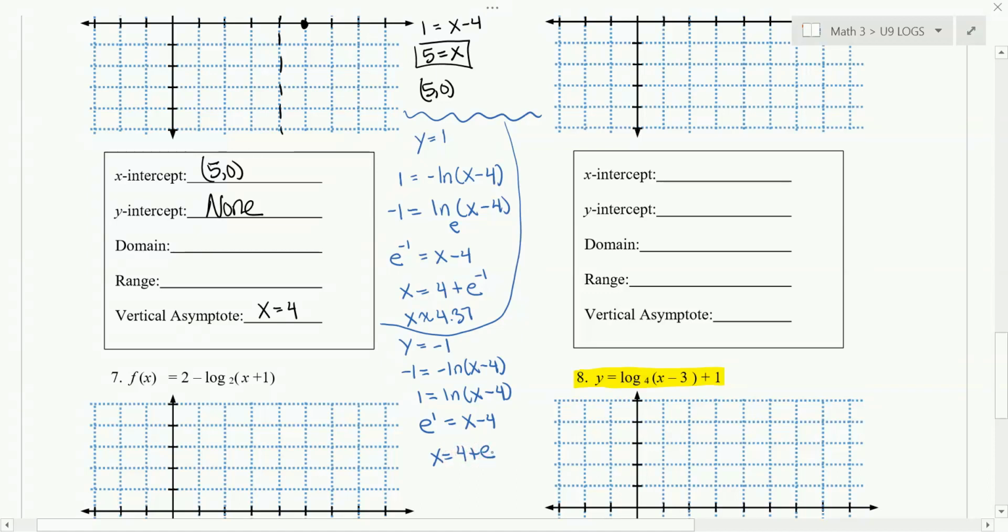And 4 plus e using my calculator is roughly 6.72. And at that point, y is going to be negative 1.